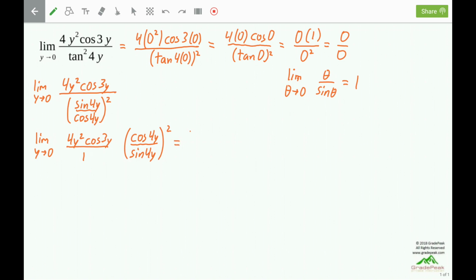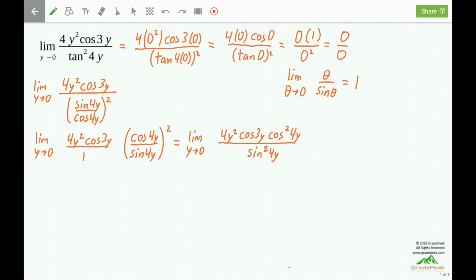So now we can multiply these fractions, and we have limit as y goes to 0 of, in the numerator, 4y squared cosine 3y cosine squared of 4y divided by 1 times sine squared of 4y. I'm squaring the cosine and sine because of the square in the fraction.